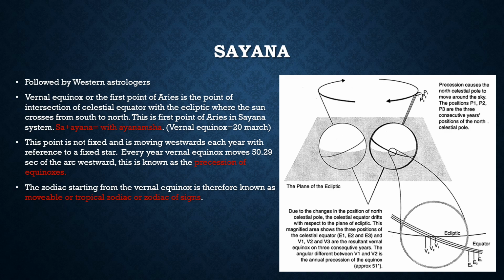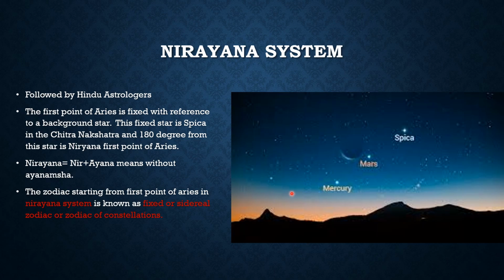Now we come to the Niryana system, which is the one followed by Hindu astrologers. Here the first point of Aries is fixed with reference to a background star. The star chosen is Spica, which is in Chitra Nakshatra, and 180 degrees from this star is the first Niryana point of Aries.